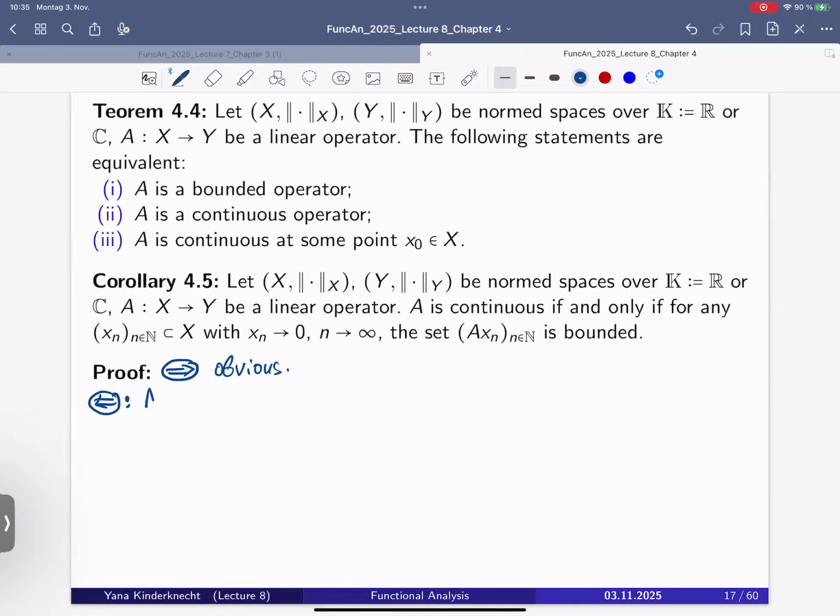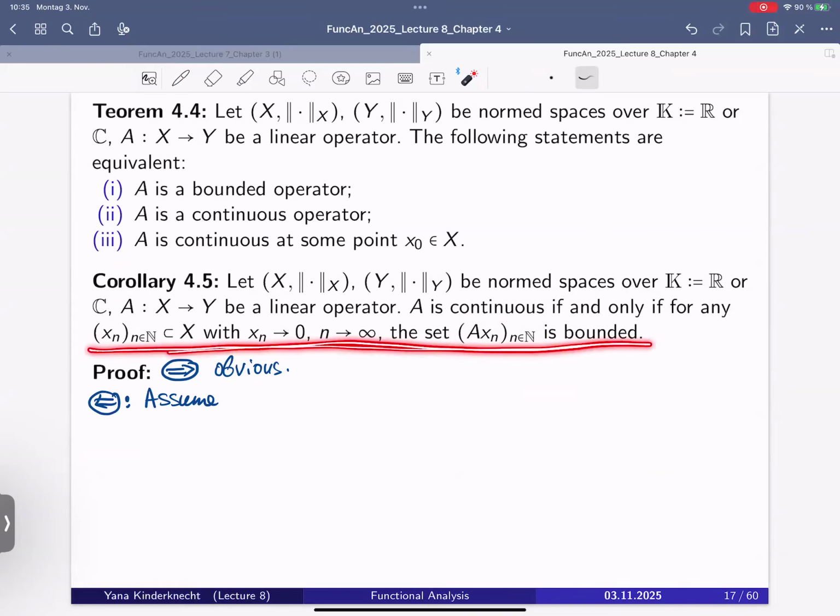So assume that this holds, but A is not continuous, and hence A is not bounded. Please pay attention that bounded and continuous is the same for linear operators.